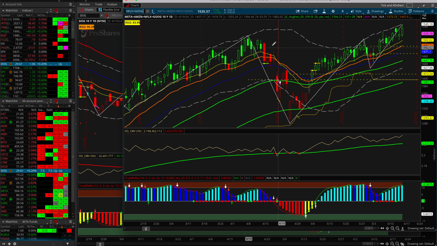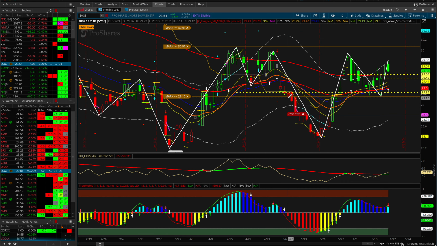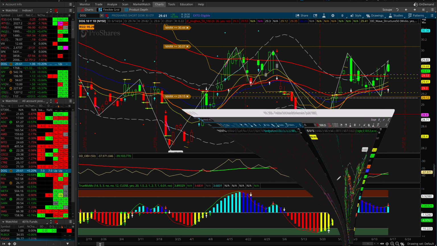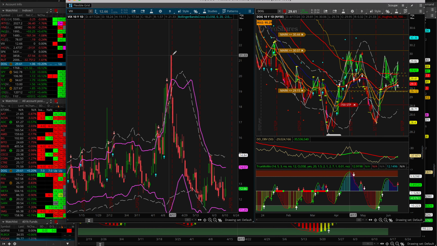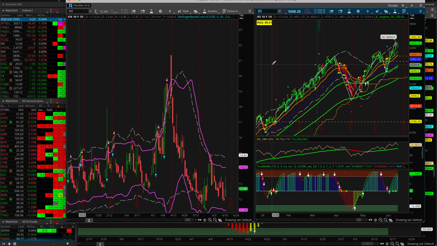All right, so let's close that, and finally the VIX. We'll put in the ES next to it here. So the VIX is sideways, really sideways.